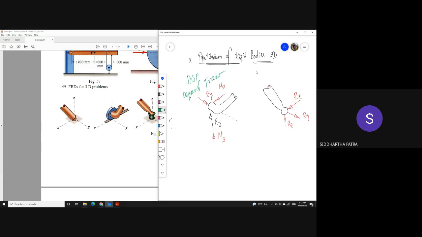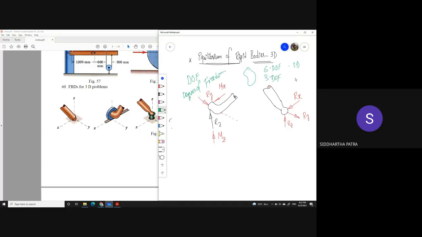A rigid body in 3D has 6 degrees of freedom. That means translation in 3 perpendicular directions and rotations about 3 perpendicular axes. In 2D, it has 3 degrees of freedom.